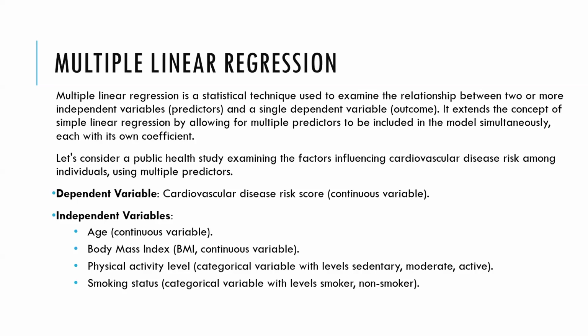All right, you can also have multiple linear regression. What that means is that you still have one dependent variable, but you can have multiple independent variables. In multiple linear regression, you can have a combination of continuous and categorical variables that build your model.